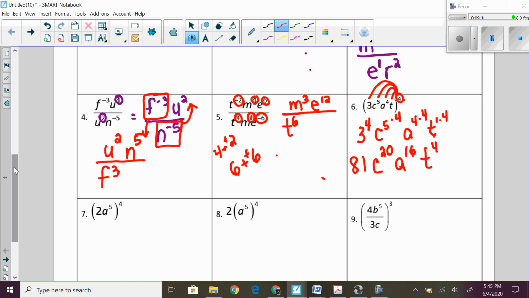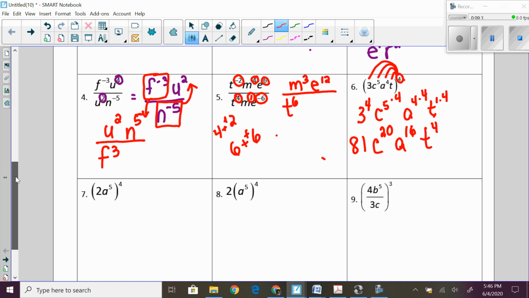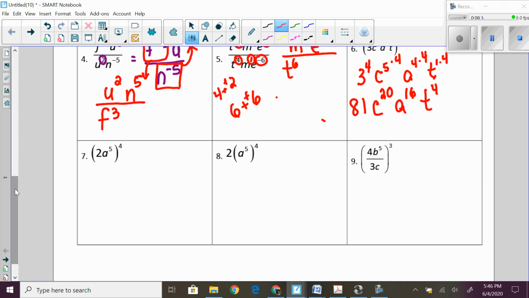7 and 8, you should notice they look very much alike. The only thing that is different is that the 2 is inside the parentheses here, and it is outside the parentheses here. So here, the 2 will be raised to the 4th, and the a to the 5th will be raised to the 4th. And now we'll clean it up. 2 times 2 is 4, times 2 is 8, times 2 is 16.